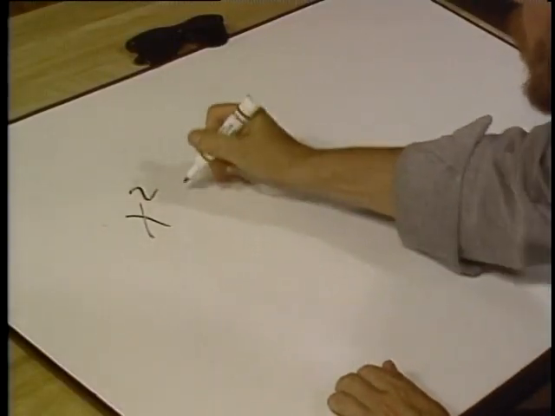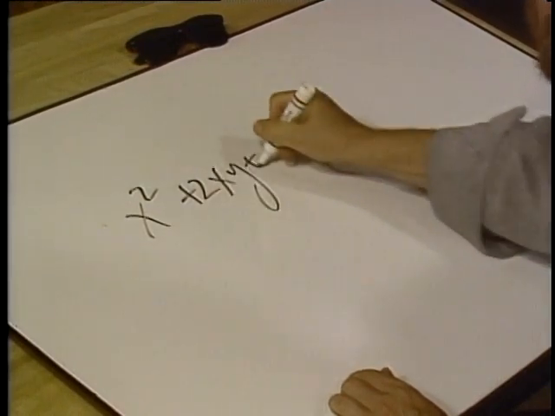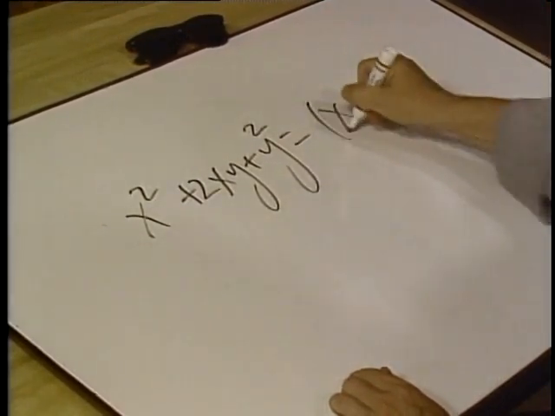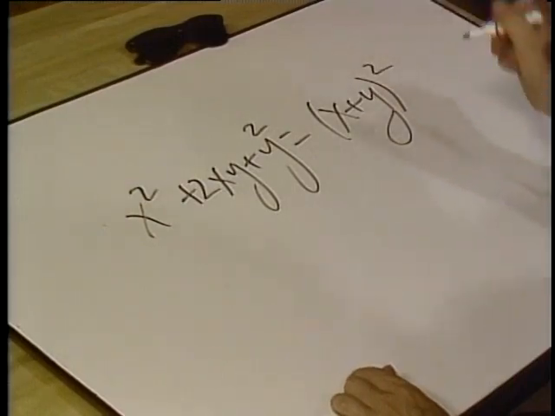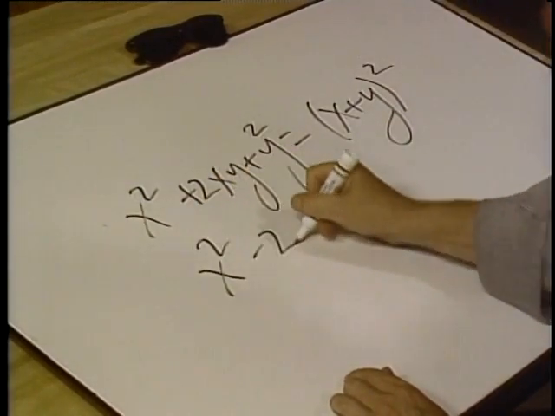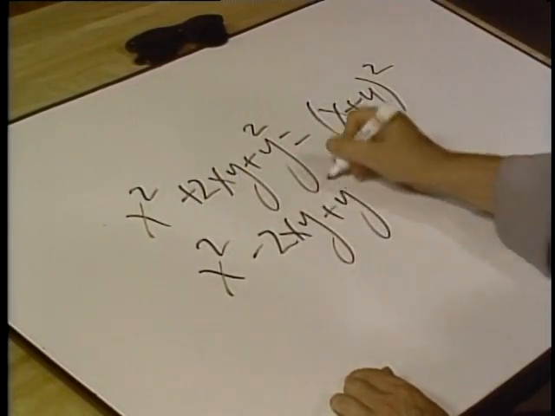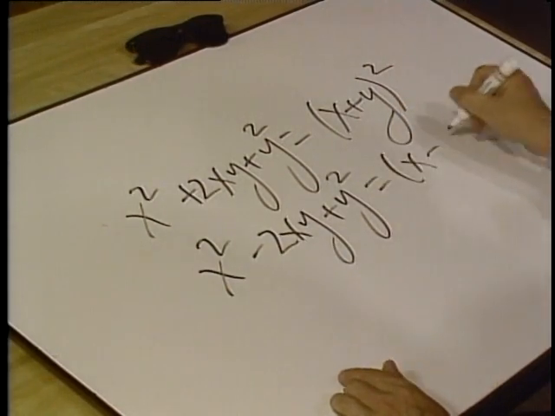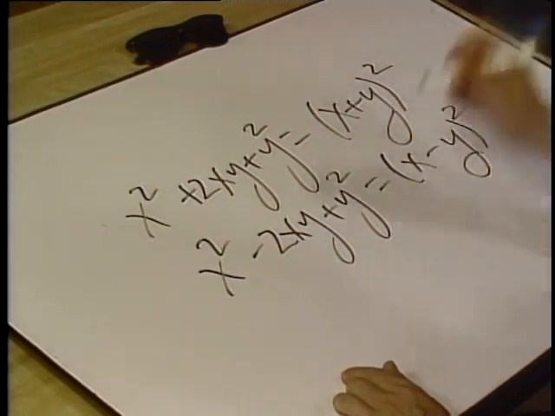Perfect square trinomials are in the form x squared plus 2xy plus y squared, which is equal to x plus y quantity squared, and x squared minus 2xy plus y squared, which factors as x minus y quantity squared.